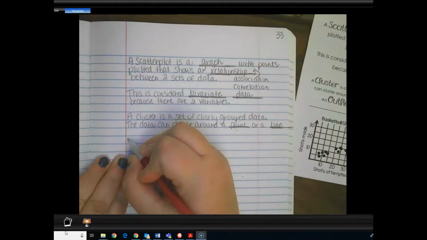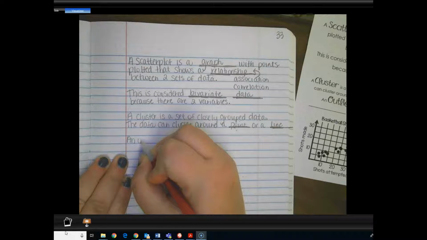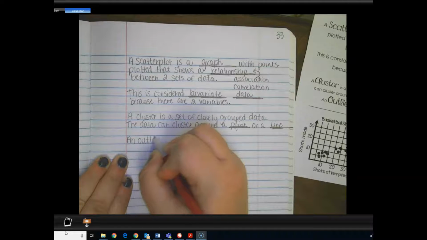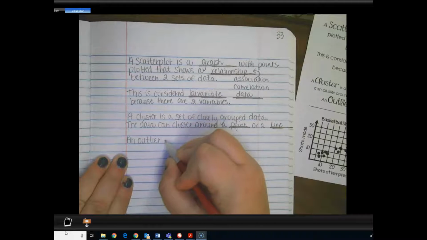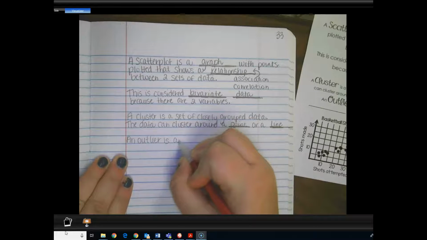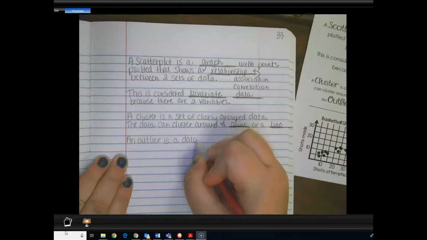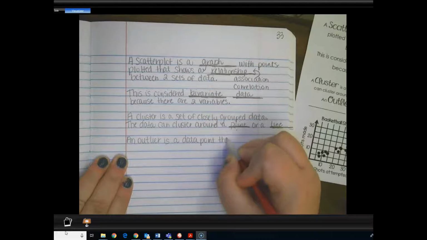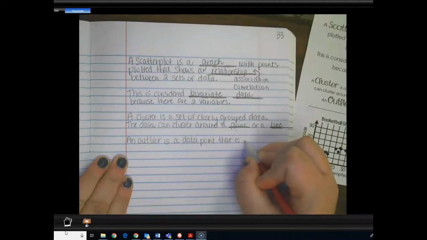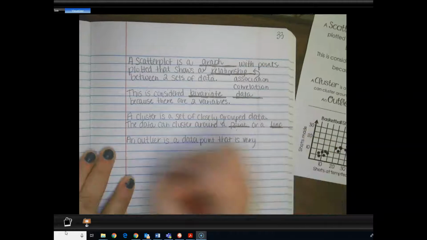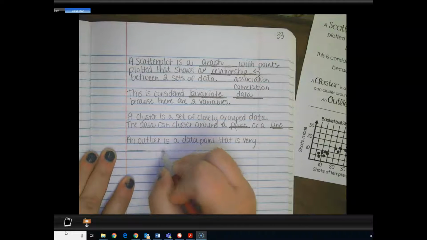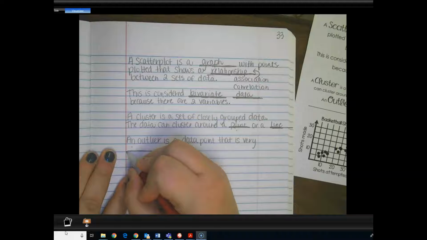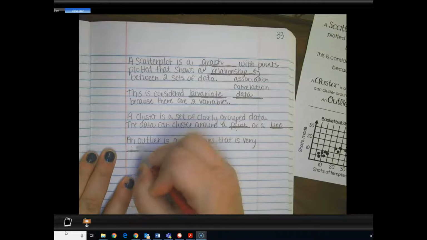An outlier is a data point that is very blank, and in that blank we're going to put the word different.